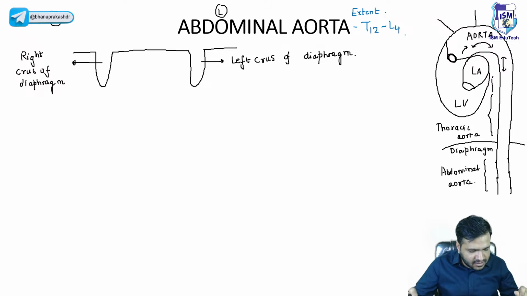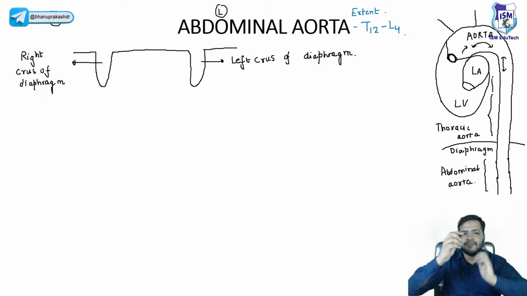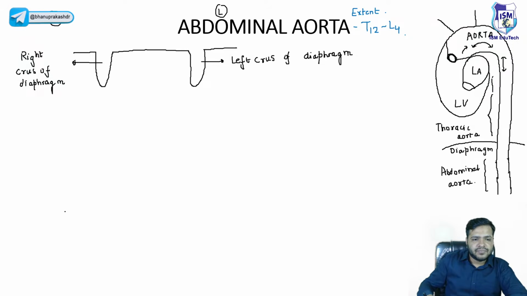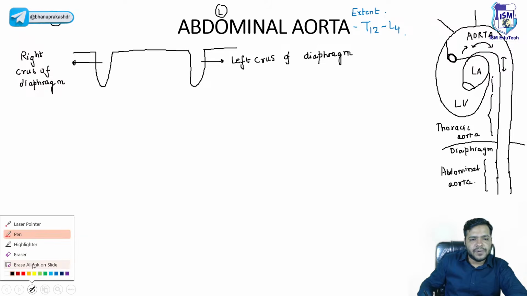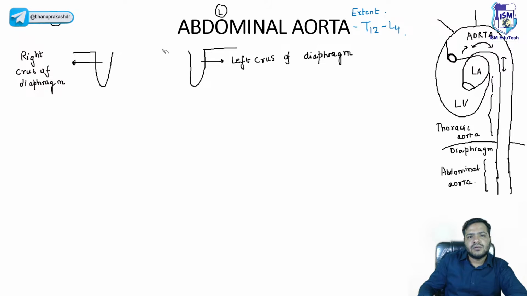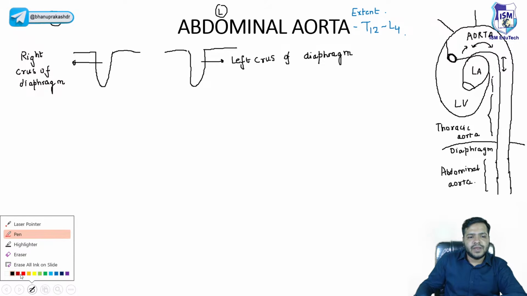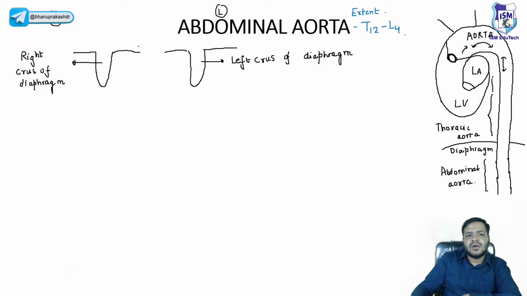Now, in between the right crus and the left crus of the diaphragm, there is an opening. I'll draw that opening also. That is referred to as the aortic hiatus. Through this opening, the aorta is coming down.